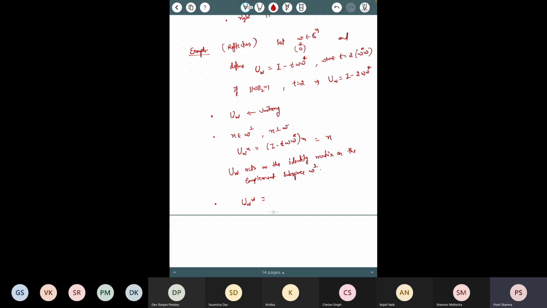You get minus W. So that means this UW acts as a reflection on the one dimensional subspace spanned by W.